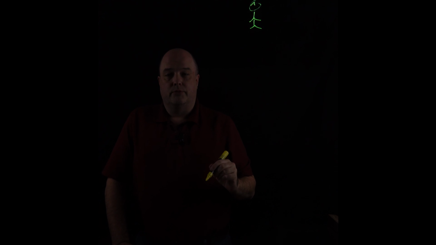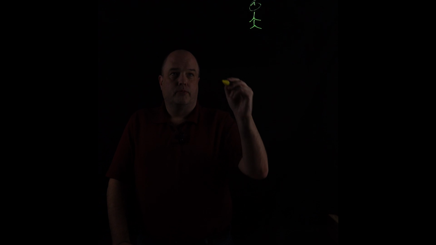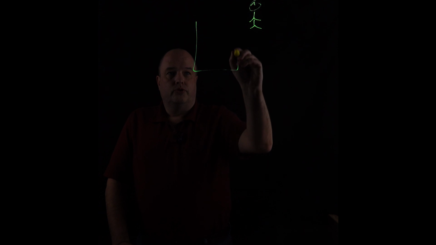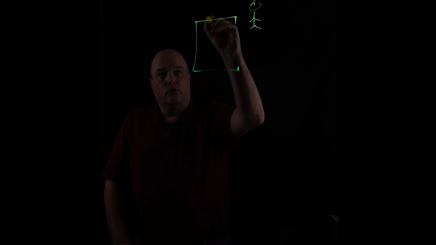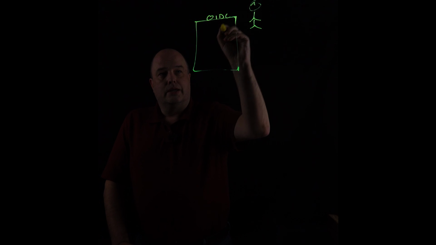So you have a user, and they have some device. They're on some internet somewhere. Could be a mobile device on a mobile network, could be on their home network, could be whatever. And what we're introducing is a layer that they can log into using a protocol called OpenID Connect.